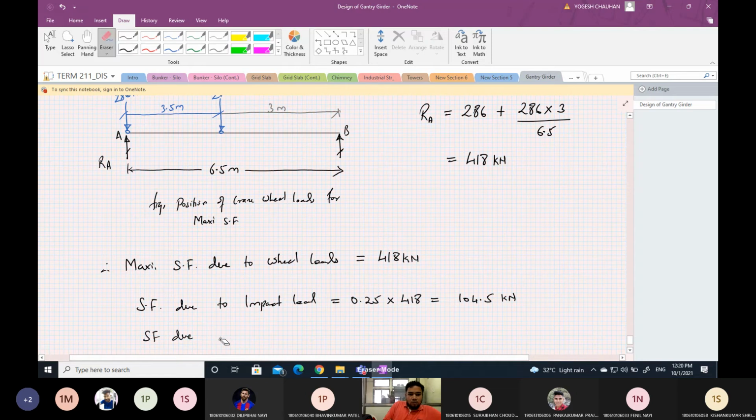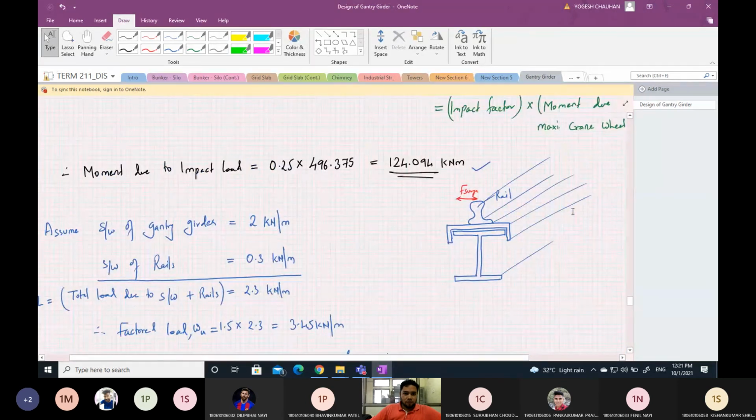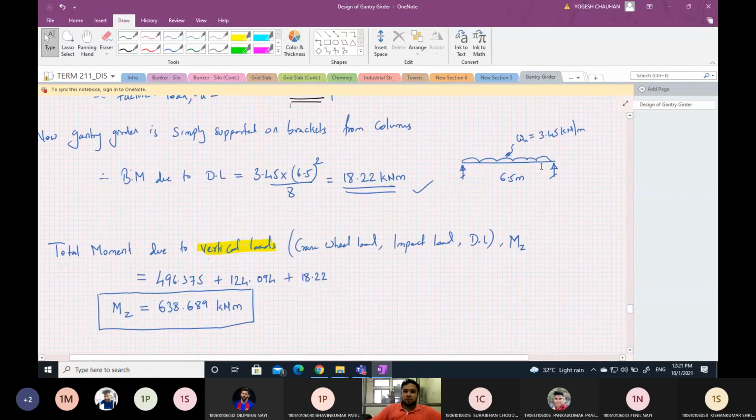Okay. Second, the shear force due to dead load. The load per meter is 3.45. So we can find the reaction here, that will be the maximum shear force.